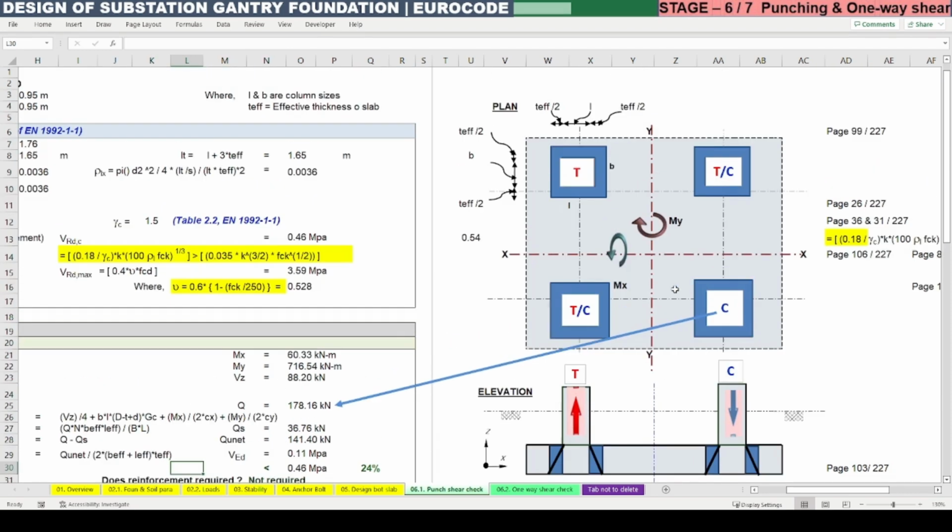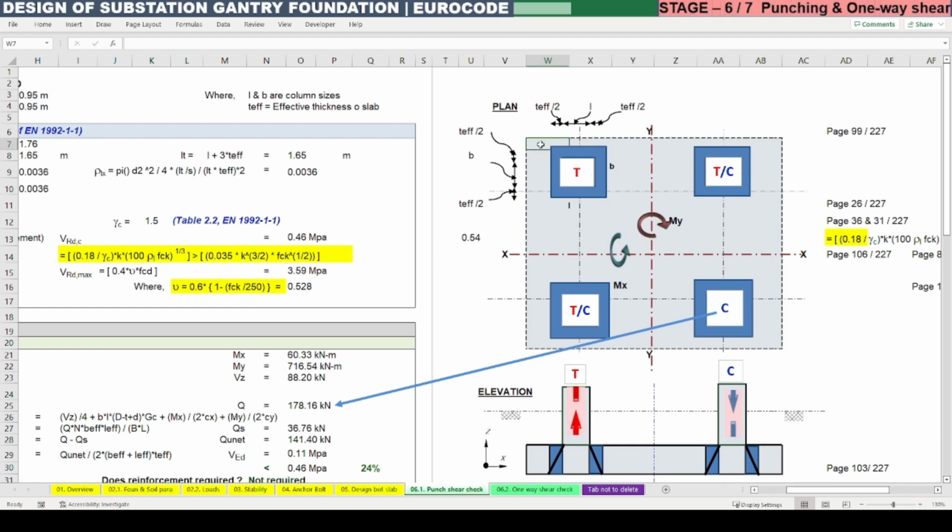So there are two moments you can see in the right hand side picture. This moment is about X and this moment is about Y. While this moment is rotating here, there will be two pedestals on the opposite side, in the top side subjected to tension and the bottom side subjected to compression for the moment about Y. So this Y will cause tension in the left side columns and compression in the right side columns.